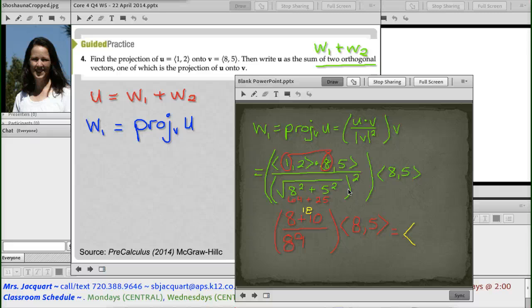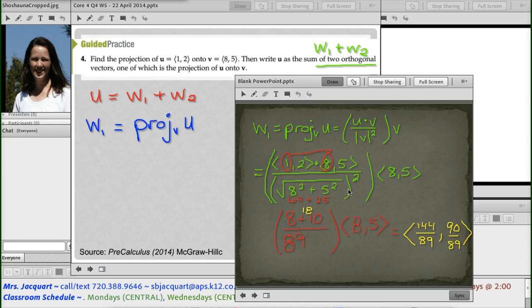I'll make sure I did these problems right. Okay, 18 times 8 is going to be 144 over 89, and 5 times 18 is 90 over 89, and that's my first work one.